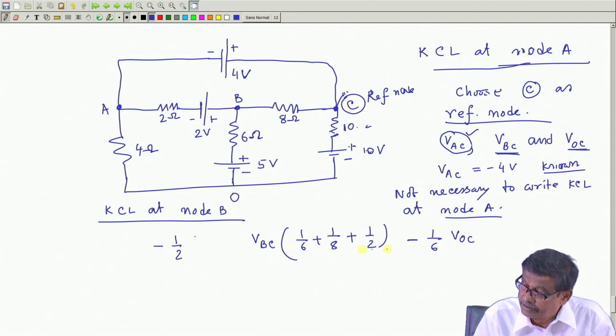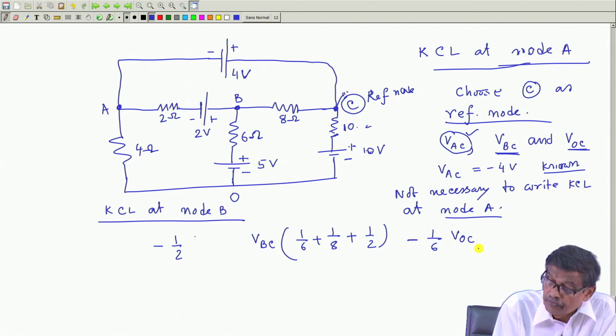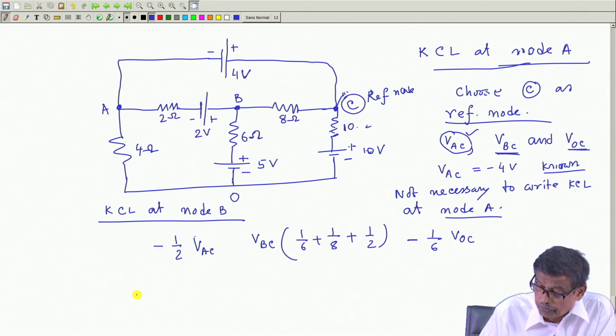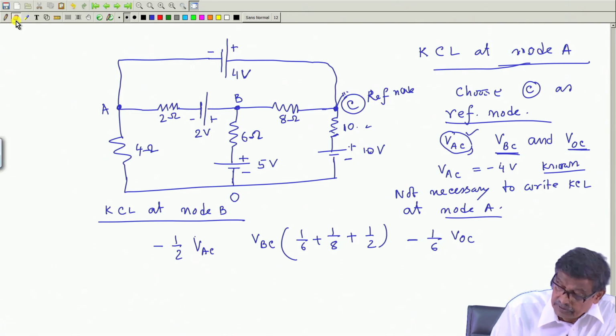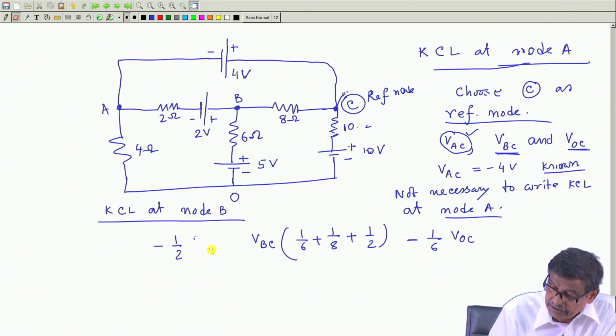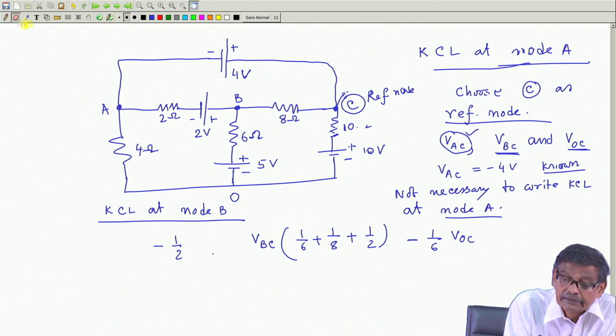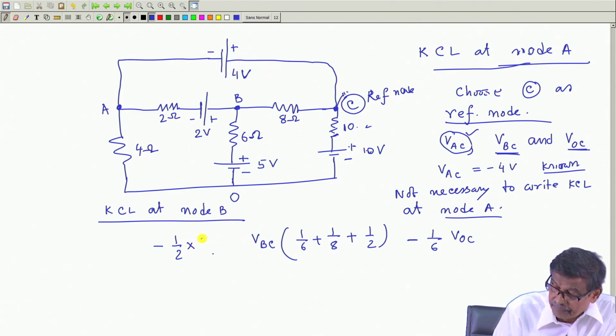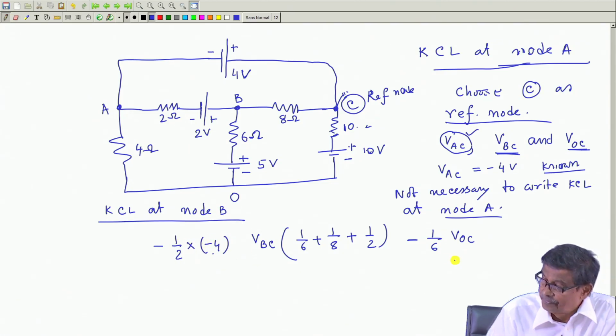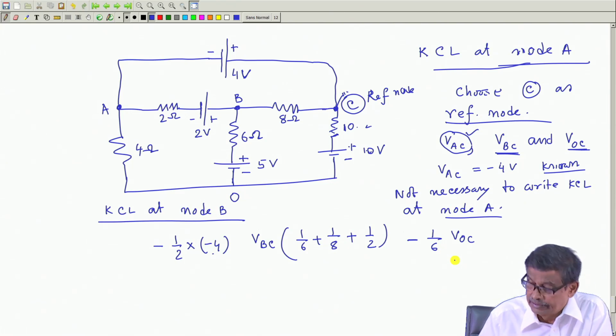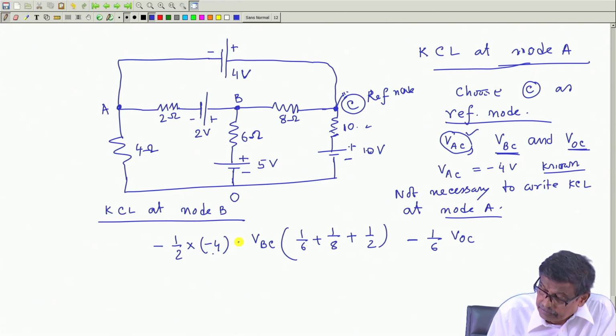The coefficient of A will be minus half into VAC, and VAC is known, it is minus 4 volt. So, this is minus half into minus 4 volt, and this is plus.